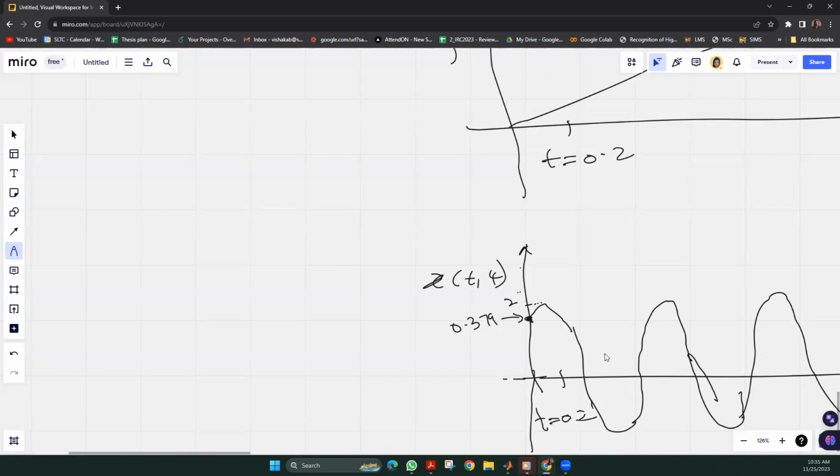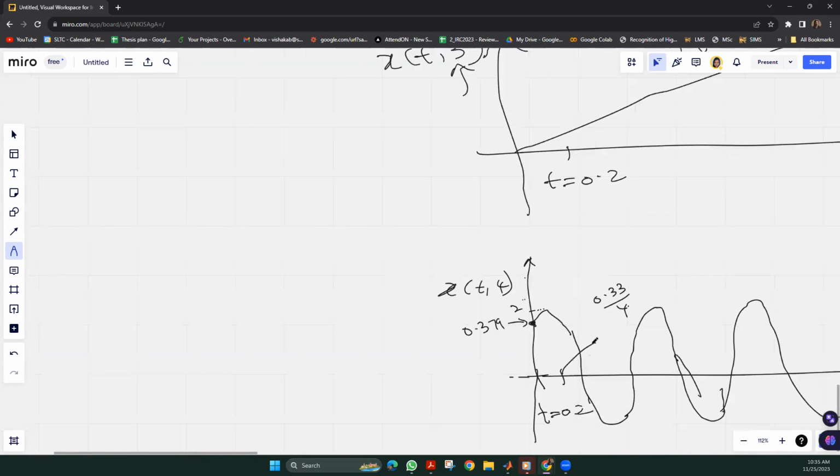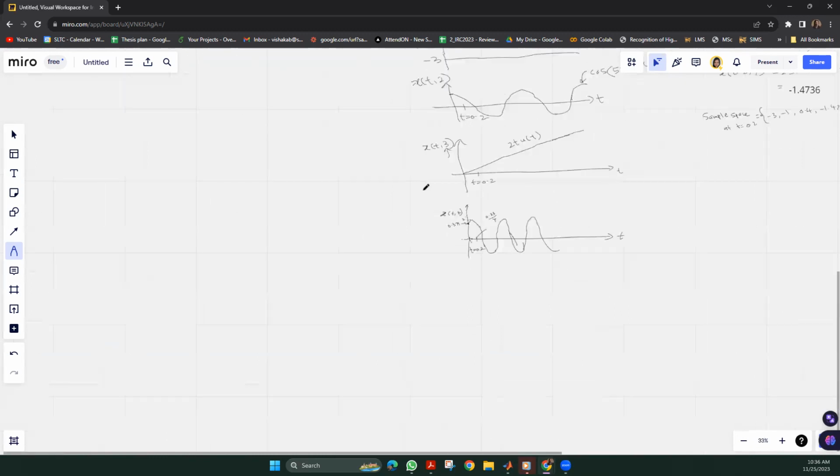And the time is also below the time period, as 0.3 divided by 4 should be a very low value, right?